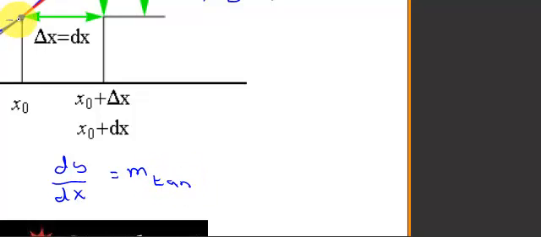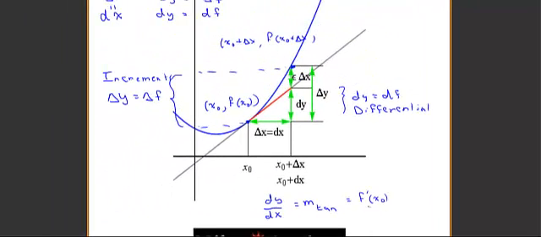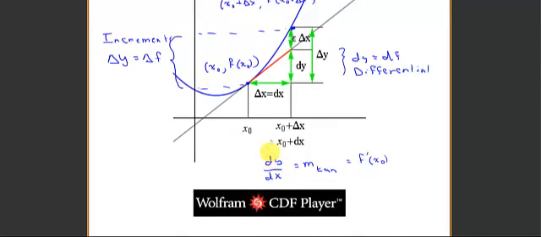But the slope of that tangent line is also given by the derivative at this point. So what we can write then is that this dy or df, clearing the denominator, is going to be equal to the derivative value times dx, this change in x. So the differential is given by the derivative times the change in x.